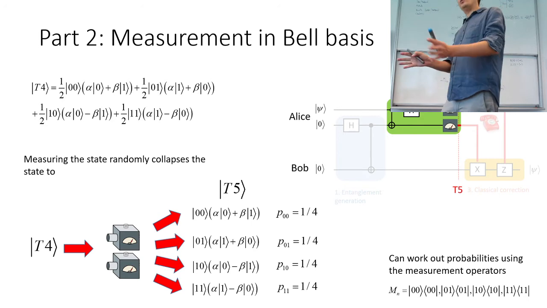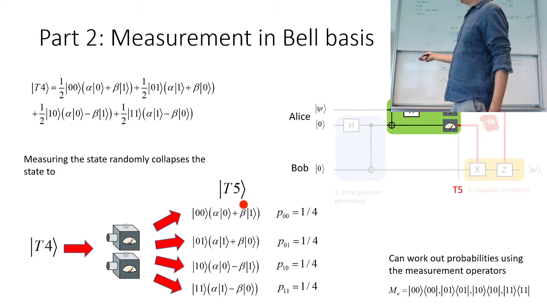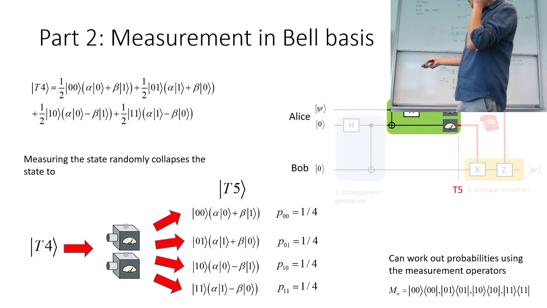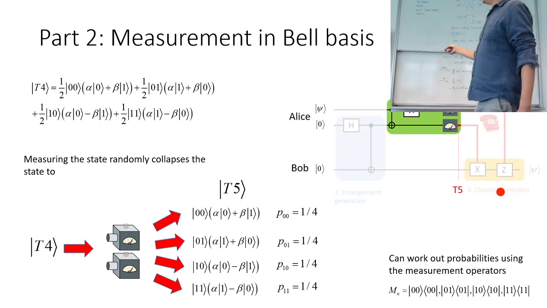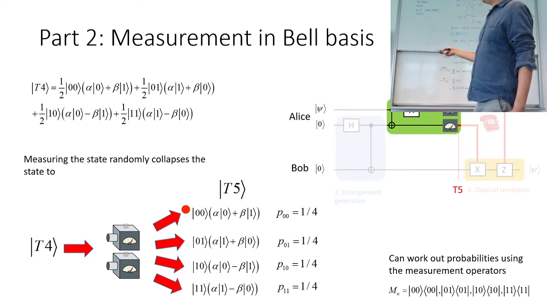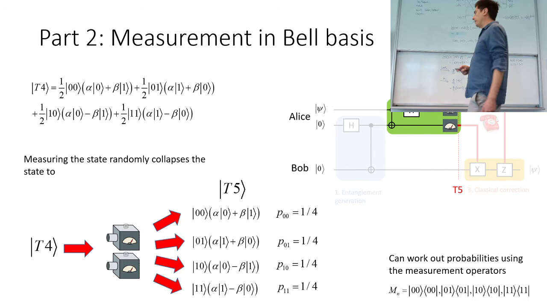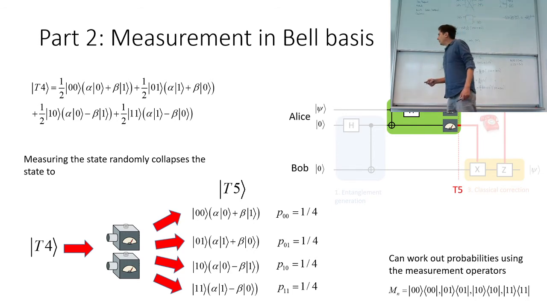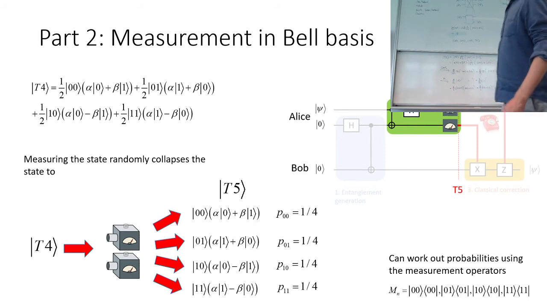That's what happens in a quantum measurement, and the state now becomes one of these 4 cases. So after the measurement, at step 5, it randomly becomes one of these 4 states, and each has equal probability, so a quarter probability each.